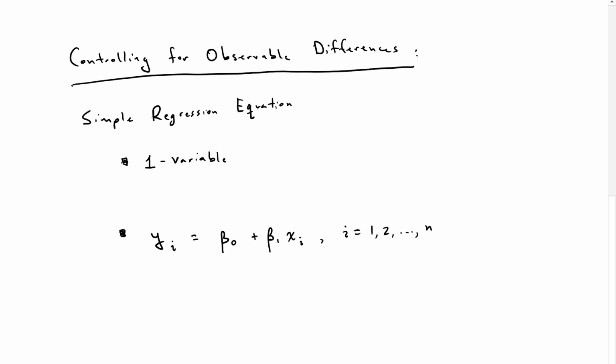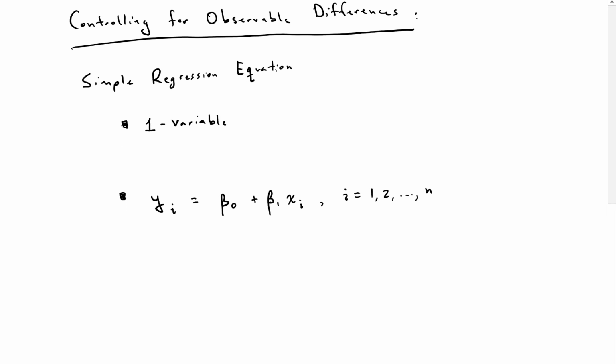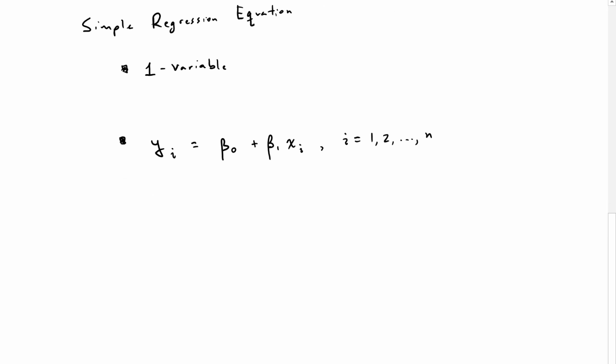And i is just a subscript for the number of individuals, or if you're doing a firm level or country level analysis, i is going to be a subscript for firms or countries. But let's talk about this in terms of individuals.